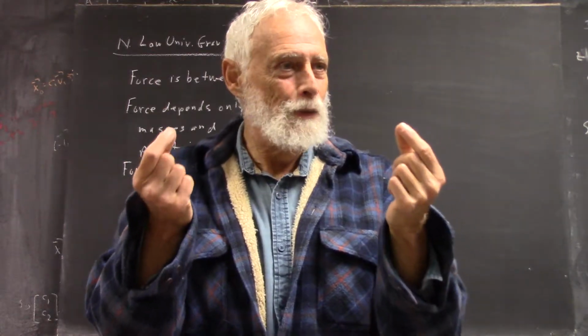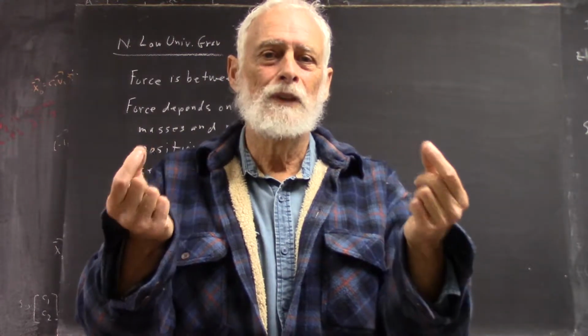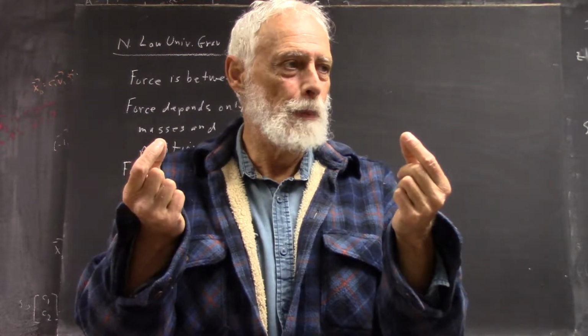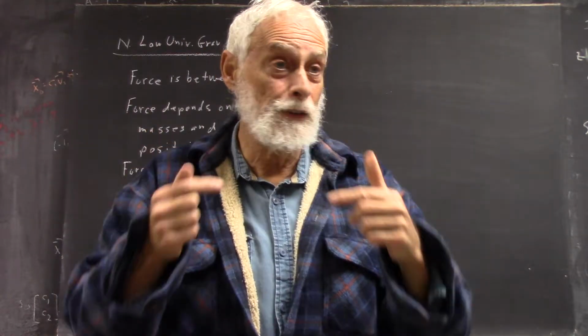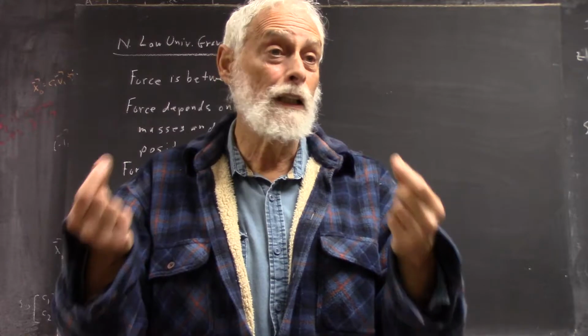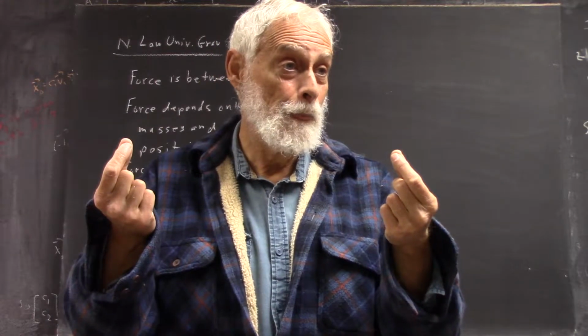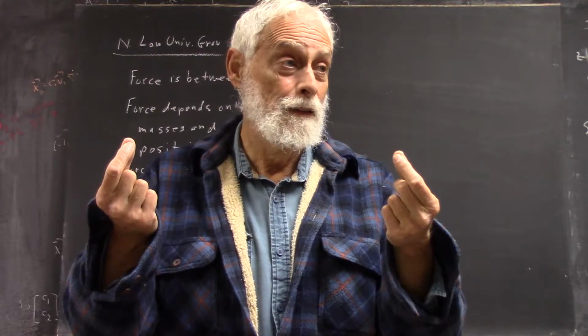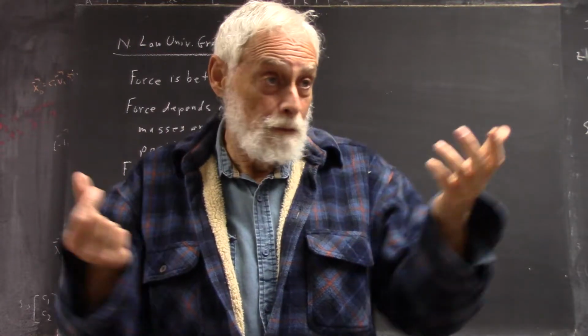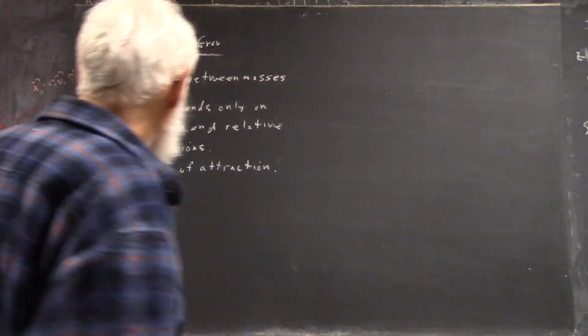Okay, so what it comes down to is that the force is going to be proportional to the product of the two masses. If I double this one and triple this one, what do I get? I get 6 times the force. You think that through, but it works, and I don't want to belabor it too much.